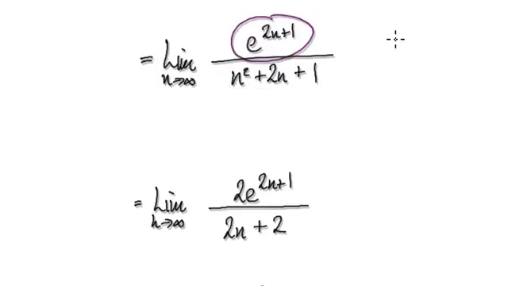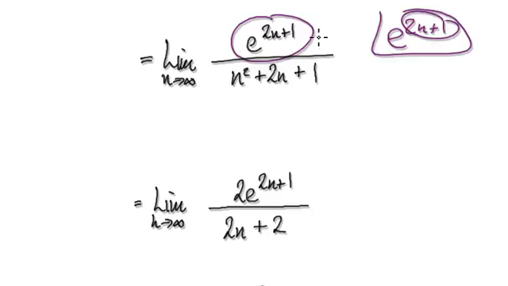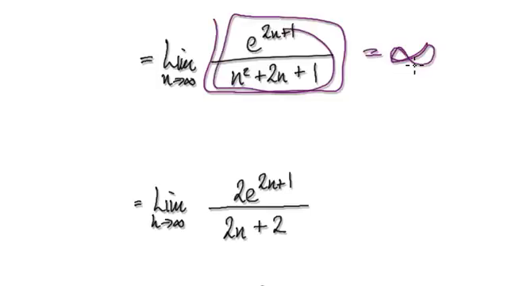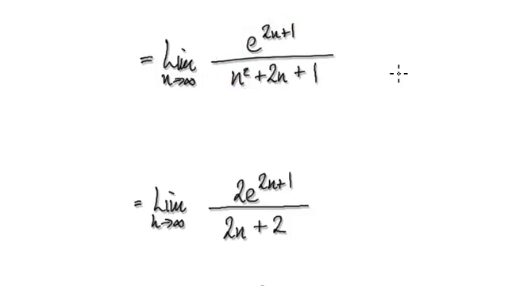Whereas this one here, you're just going to have this e^(2n+1) always floating around. So when it gets to this stage, you should be able to tell that the limit of this will be infinity.